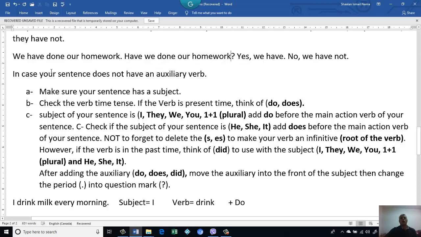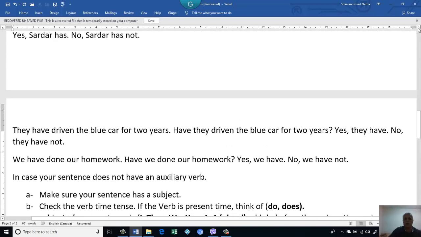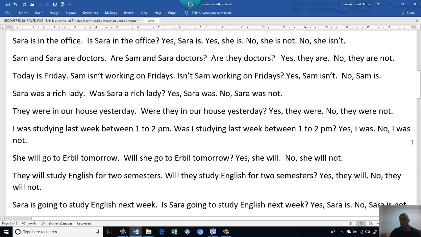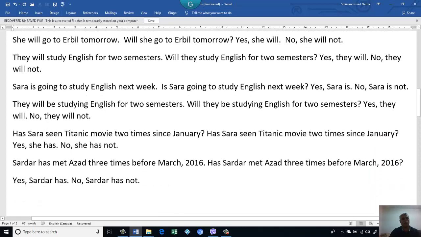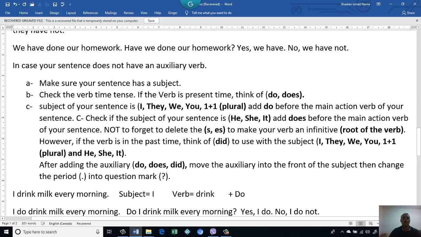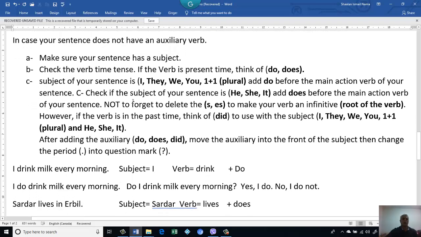In case your sentence does not have an auxiliary verb, if we don't have any of those, for example, have, has, was, or were, or is, or will, then what do we have to do? There are some steps we have to follow. For example, this is what we're gonna do. First, we have to make sure our sentence has a subject.